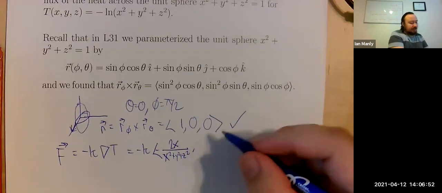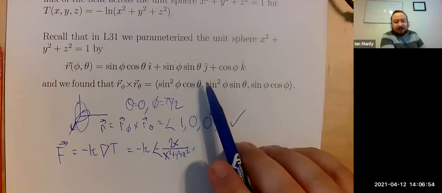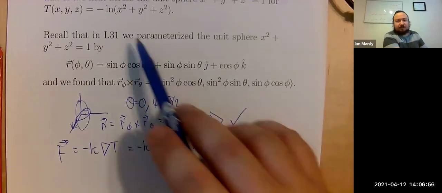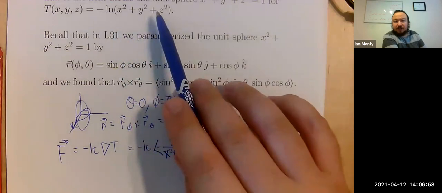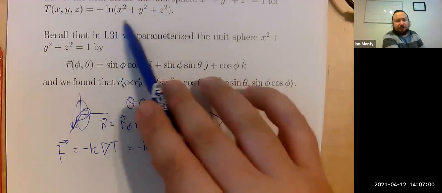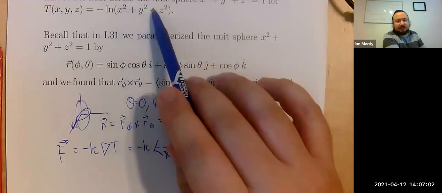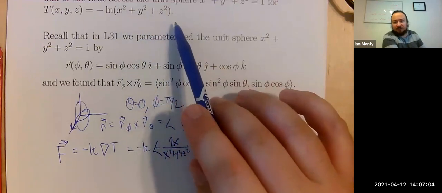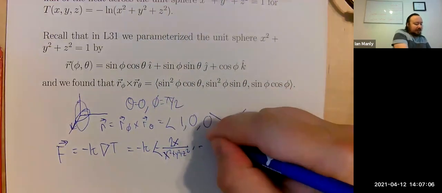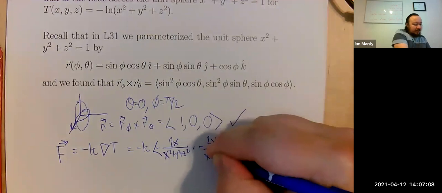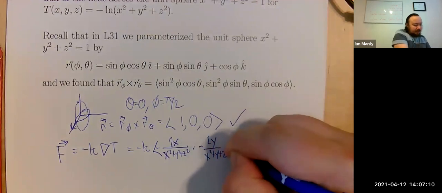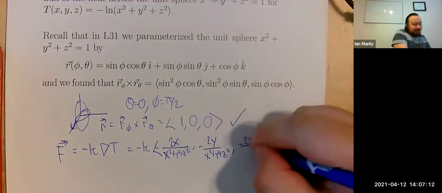Now, this function is symmetric, so x plays the same role that y does, which plays the same role that z does. So this is going to be negative 2y over x squared plus y squared plus z squared, and negative 2z.